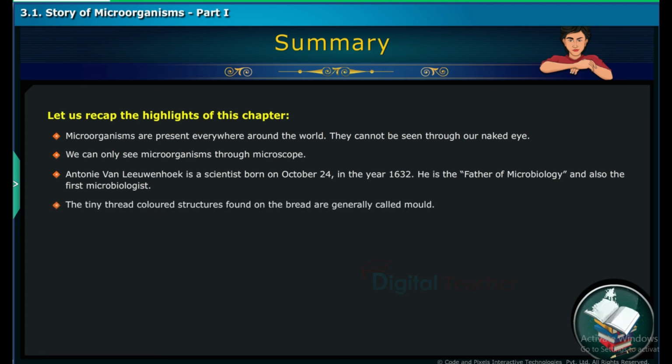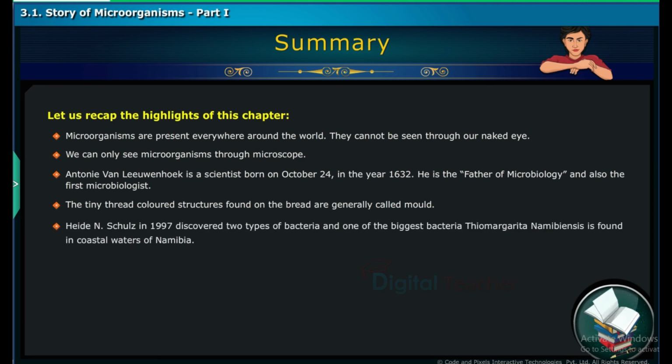The tiny thread-like structures found on the bread are generally called mould. Hyde and Schultz in 1997 discovered two types of bacteria, and one of the biggest bacteria, Thiomargarita namibiensis, is found in coastal waters of Namibia.